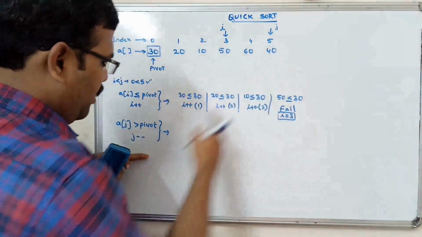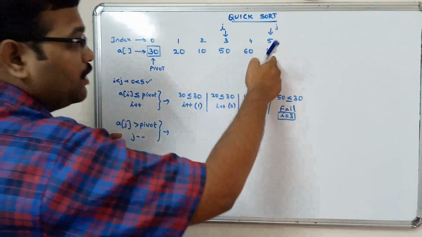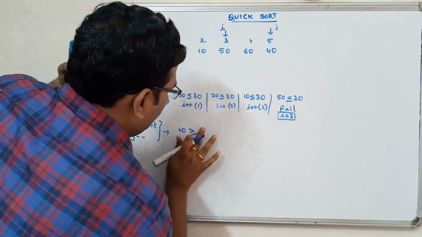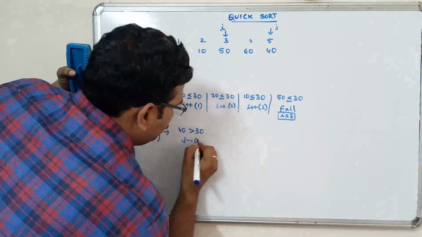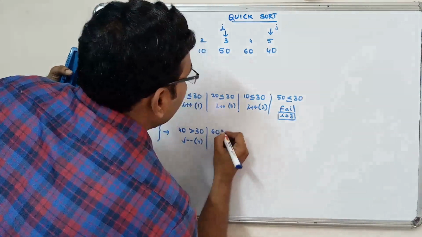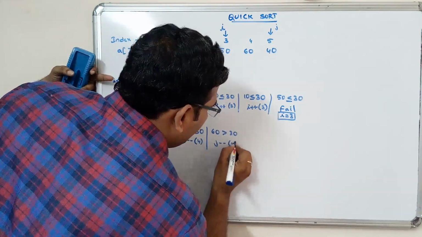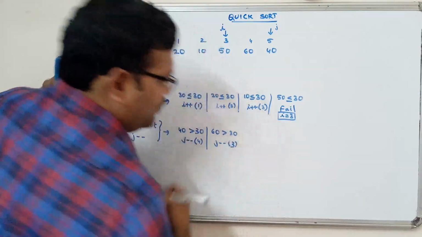So a of j is nothing but the high value, high value 5. So 40 greater than 30, j minus minus, so it will be 4. Next, 60 greater than 30, j minus minus, after decrementing it will be 3.